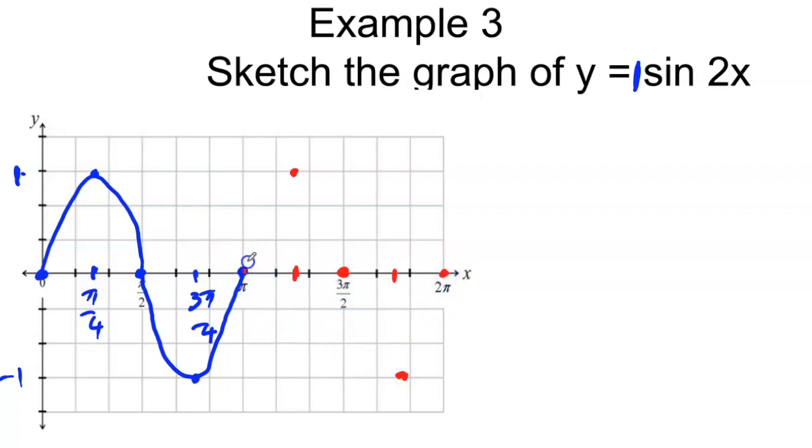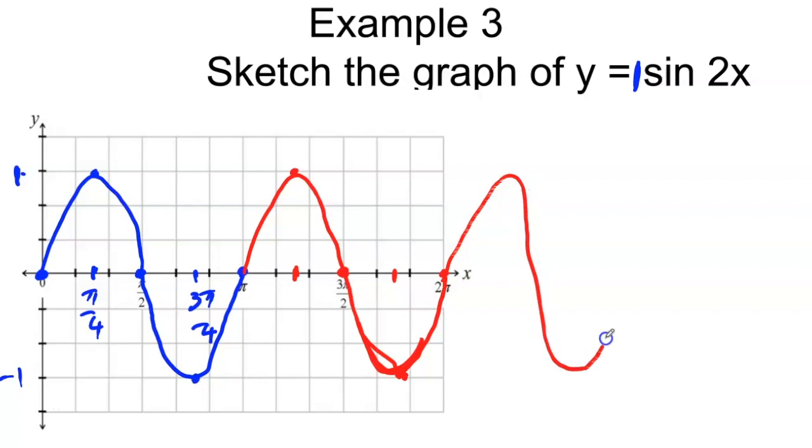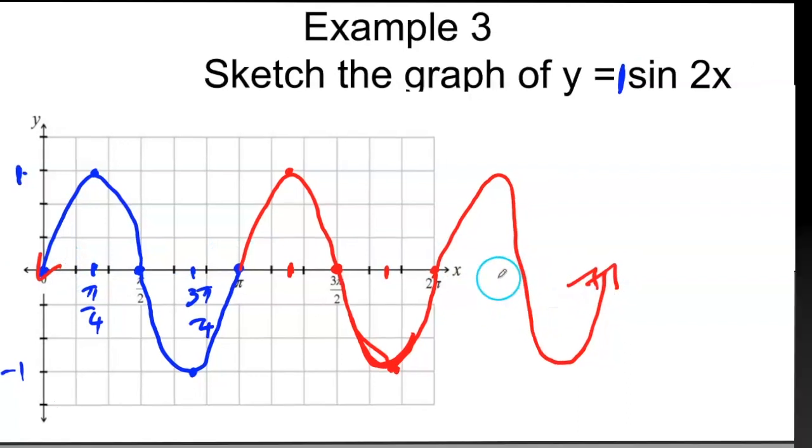I start, maximum value, x-intercept, minimum value. There you go, curve. And that's the cycle. If I'm going to start again, maximum, x-intercept, minimum, x-intercept. And it keeps going and going to the right and to the left. Let's practice another example.